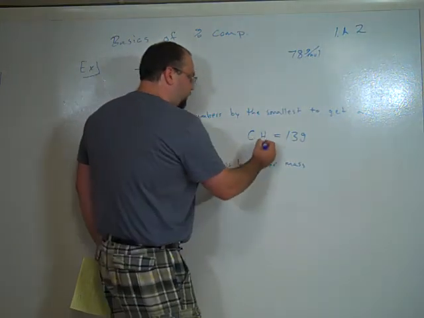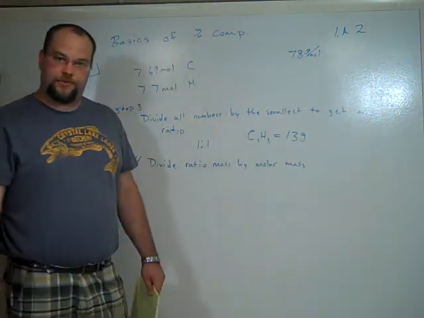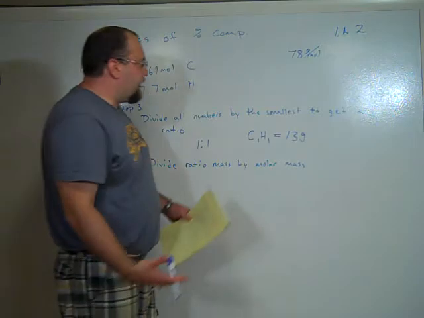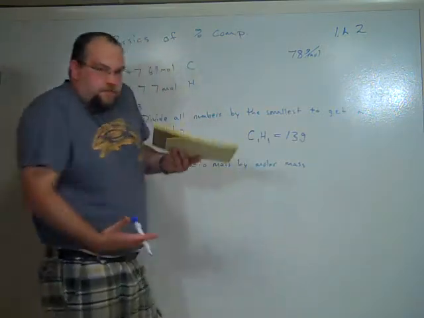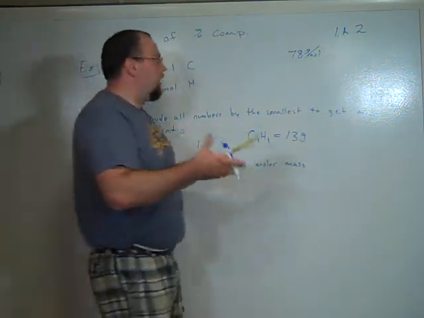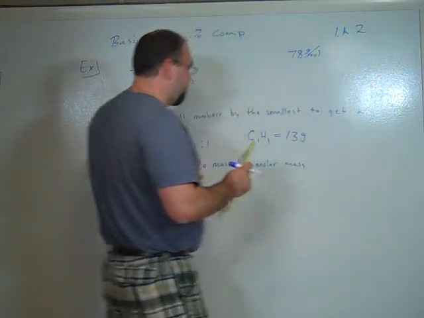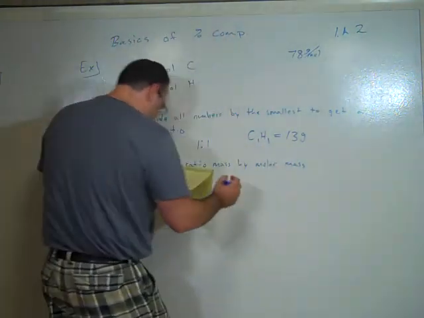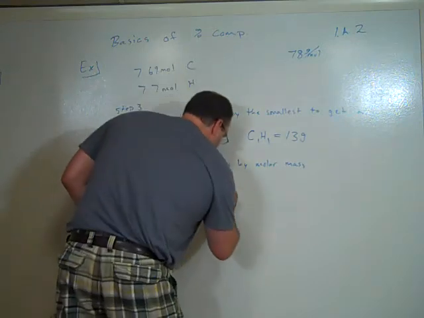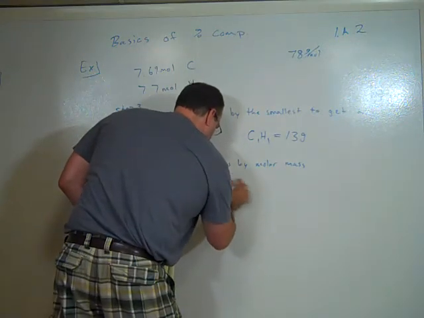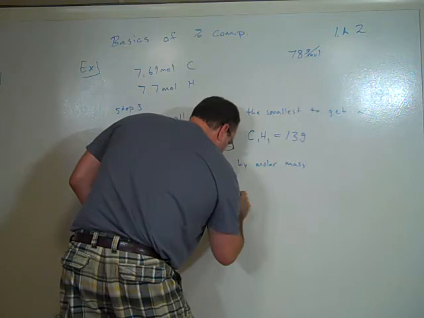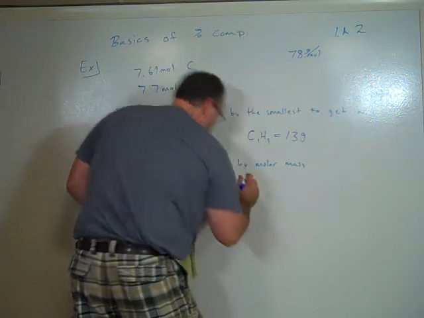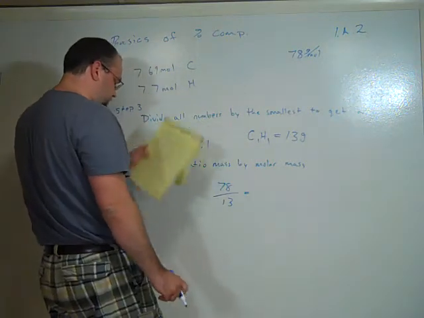So carbon 1, hydrogen 1 weighs 13 grams. And I know that some amount of that will eventually weigh 78. So the way I do this is I do 78 divided by 13, and that gives me 6, right?